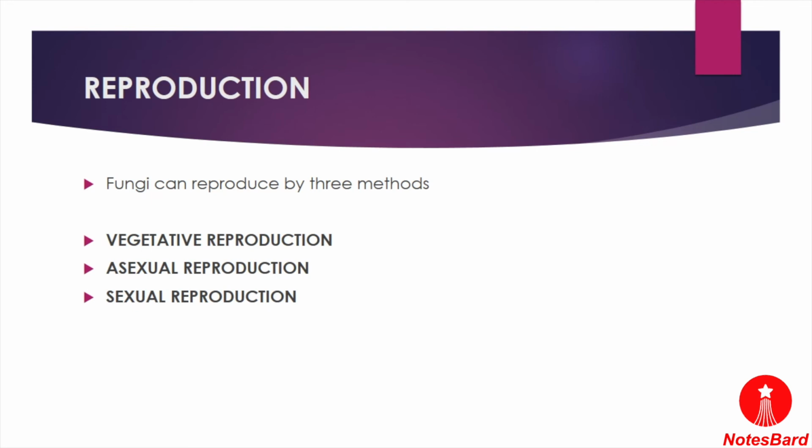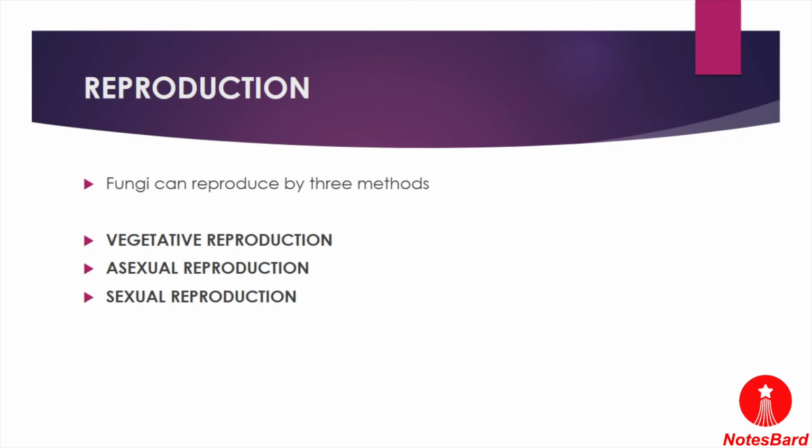Another method is asexual reproduction, and this takes place with the help of different types of spores, commonly called conidia, zoospores or sporangiospores, which are formed by different groups of fungi. The third mode of reproduction is sexual reproduction.